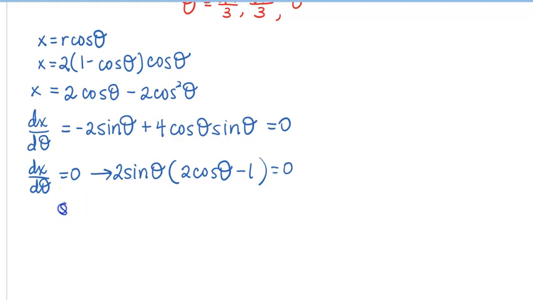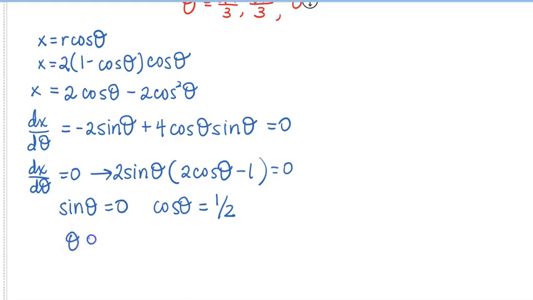Setting both factors equal to 0, we're looking for the angles where sine is equal to 0 and where cosine is equal to a positive 1/2. Those angles are 0, pi, pi over 3, and 5 pi over 3.